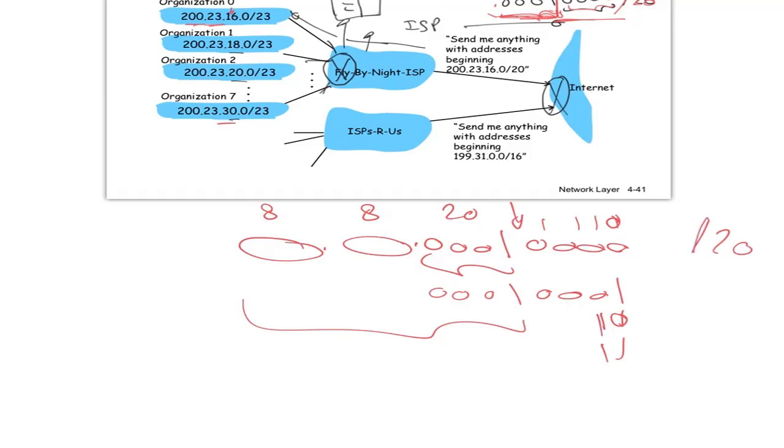So this range of IP addresses is given to QU. QU will say, okay, I will subdivide this into 8 subnets. The first subnet will be 16.0/23. What does that mean? It means I took another 3 bits here for subnetting.